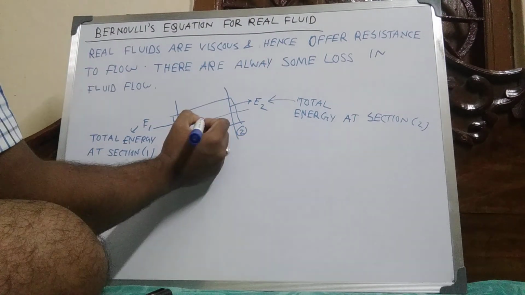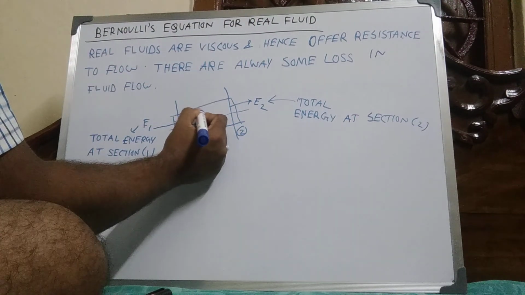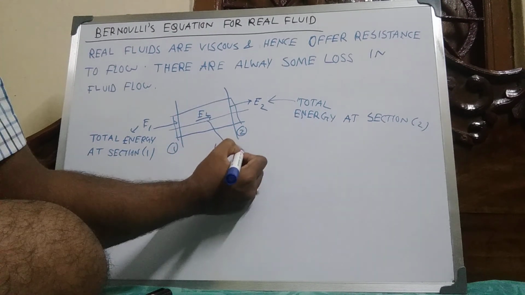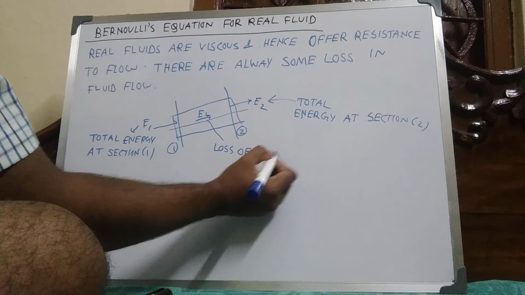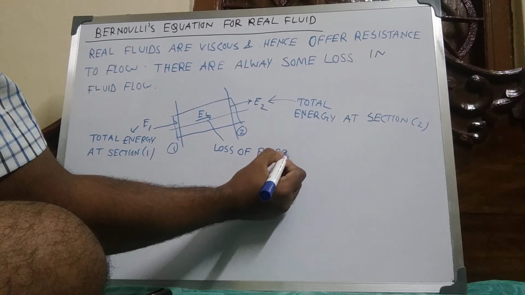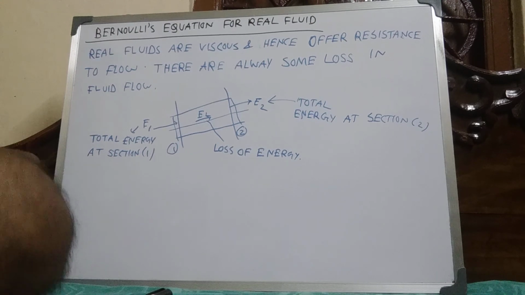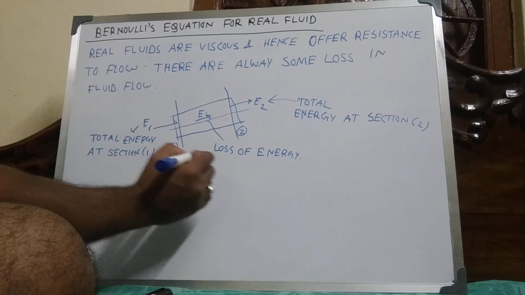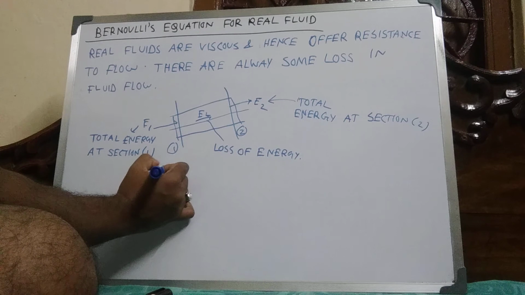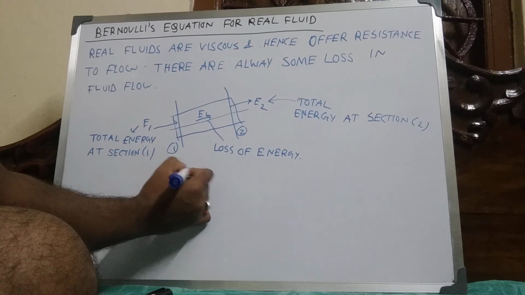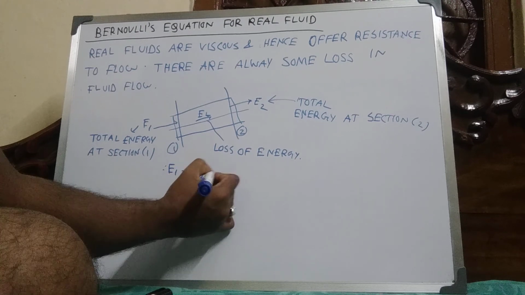Suppose here is EL. This is the loss of energy. So E1 minus E2 equal to EL.